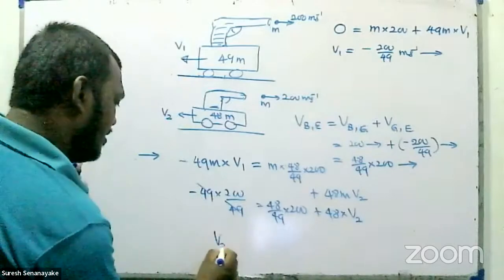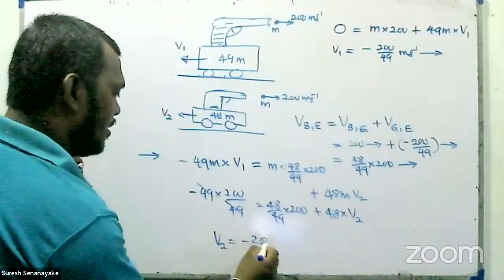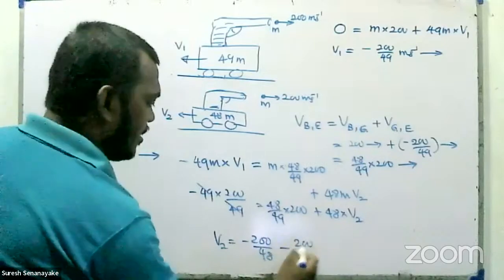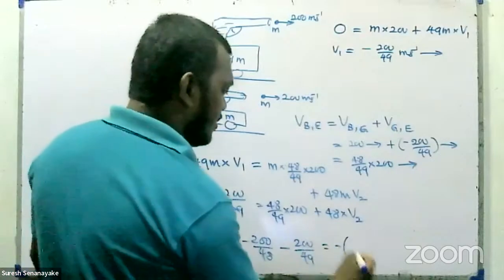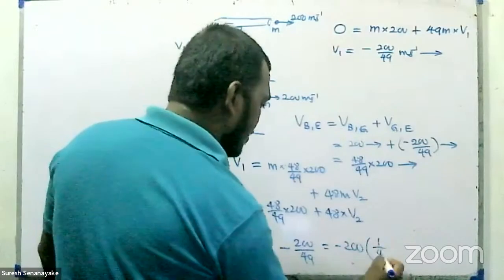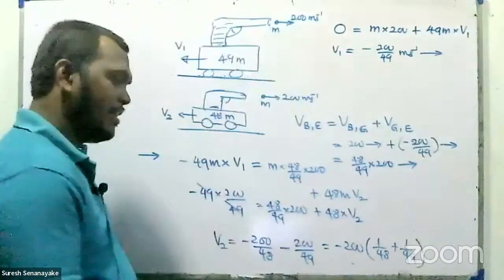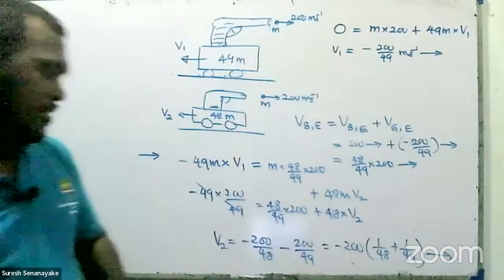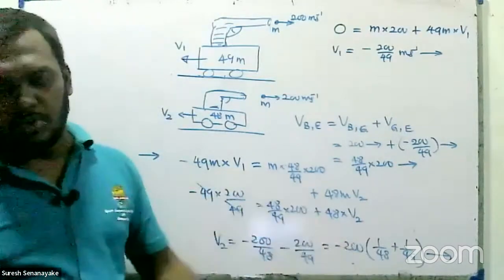Then V2 you can write as minus 200 divided by 48, then minus 200 divided by 48. So take the 200 out: 1 over 49 plus 1 over 48. Minus, as we consider this direction, is backward. That's all. This is the velocity of the gun after 2 bullets are fired.